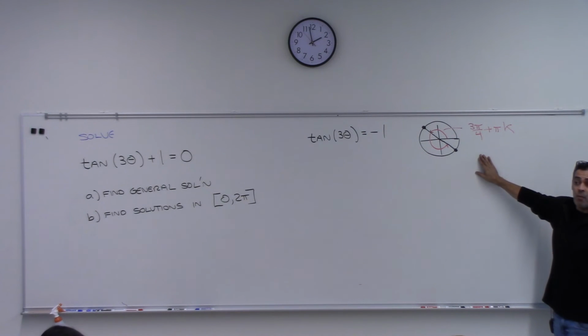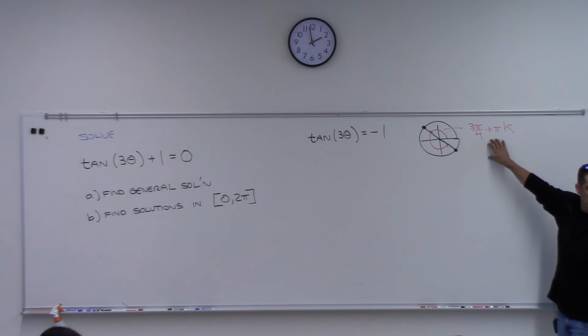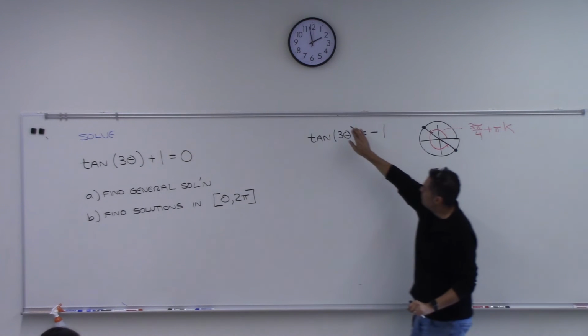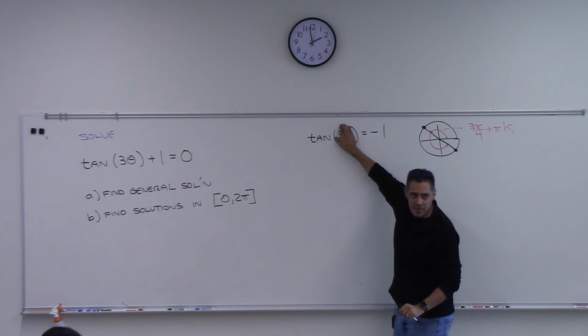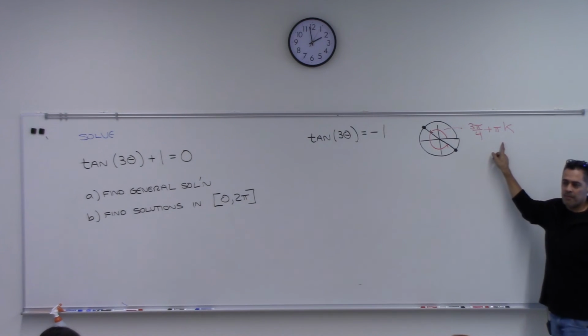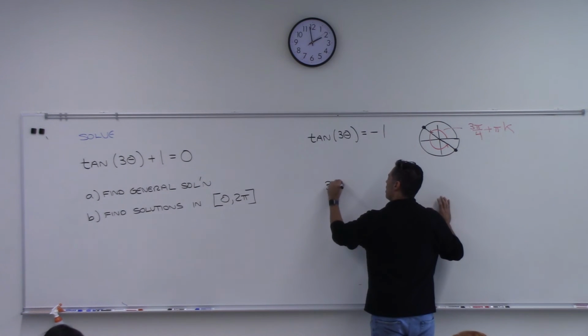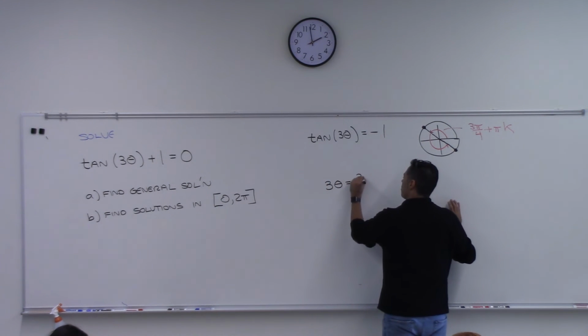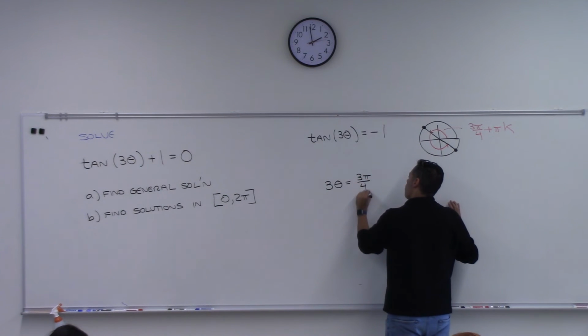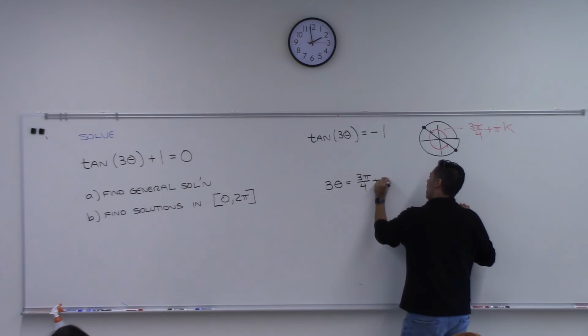We want our angle to be this, but what's our angle? It's not theta, it's 3 theta, right? We need 3 theta to be equal to this. So I'm going to say, okay, 3 theta must be equal to 3 pi over 4 plus pi k.